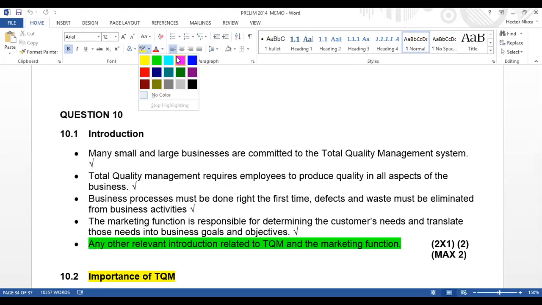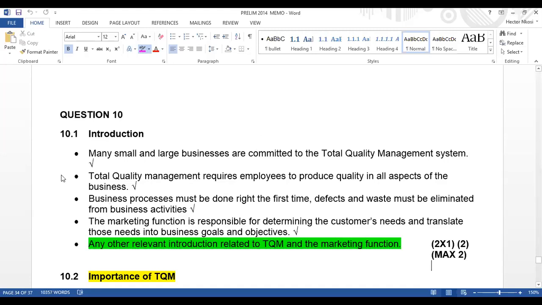You can say large businesses are committed to the total quality management system, or that total quality management requires employees to produce quality in all aspects of business. That's your intro. Tell us what total quality management is, what it does and why we have to do it. You can put all of those things in your intro.